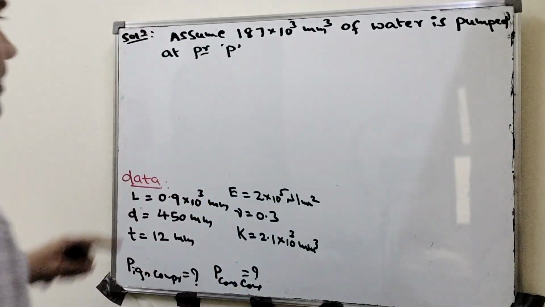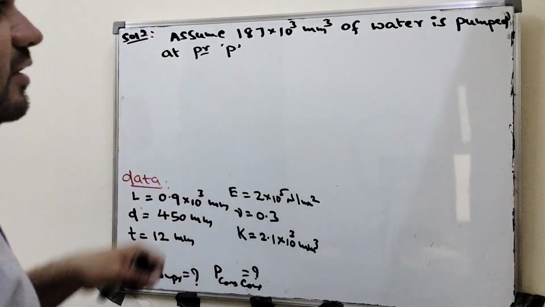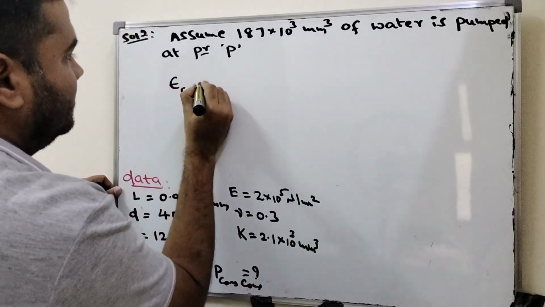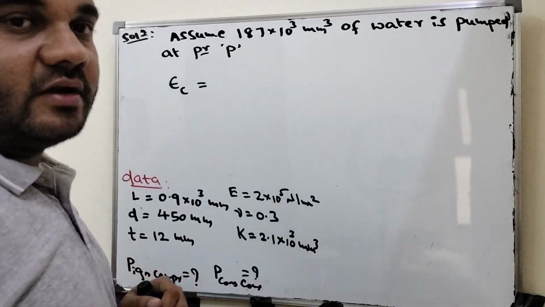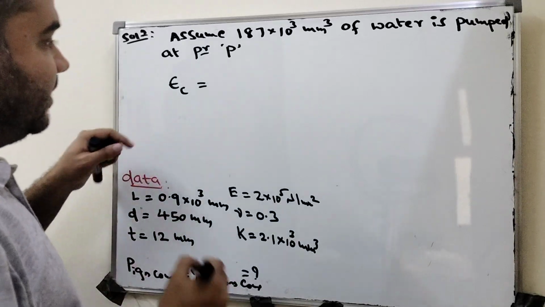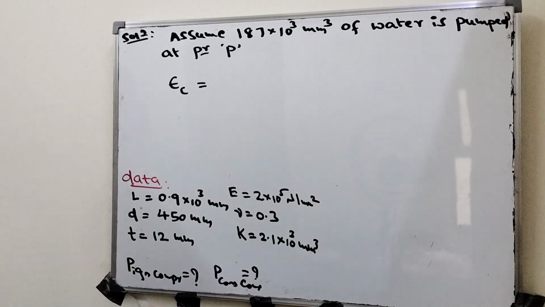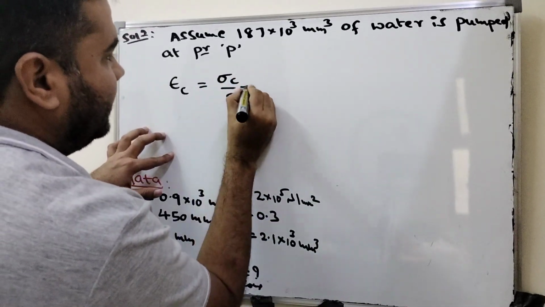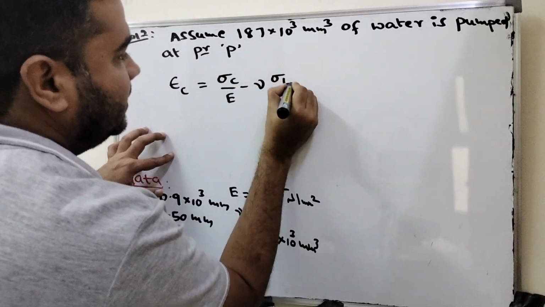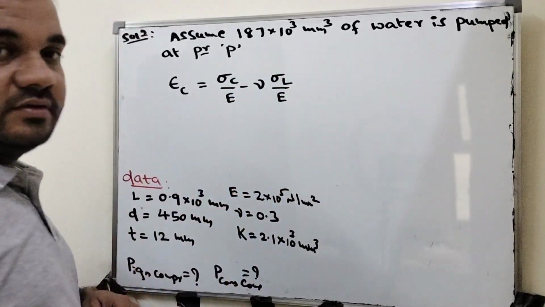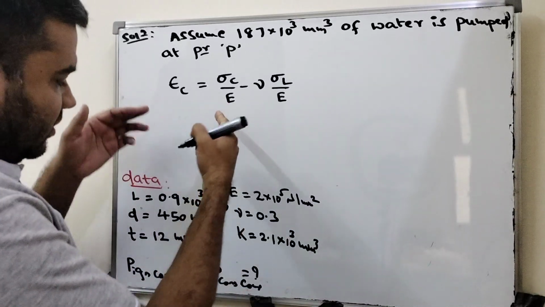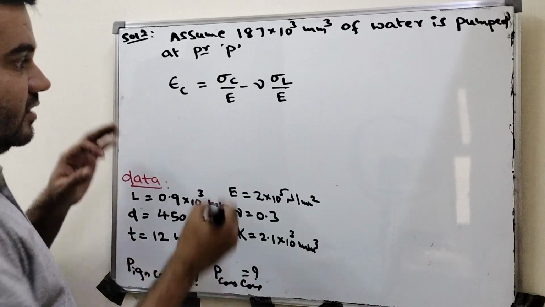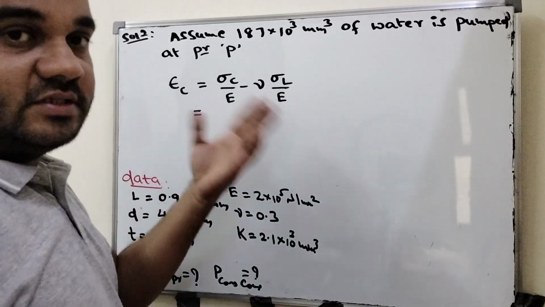Now at this pressure, we will first calculate the circumferential strain and longitudinal strain. The circumferential strain is, in terms of the stresses, circumferential stress divided by E minus nu into longitudinal stress divided by E. He has not given the circumferential stress and longitudinal stress in the data, so we will simplify.